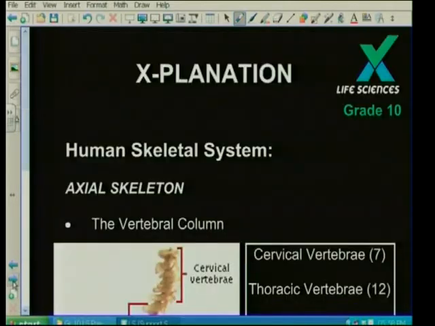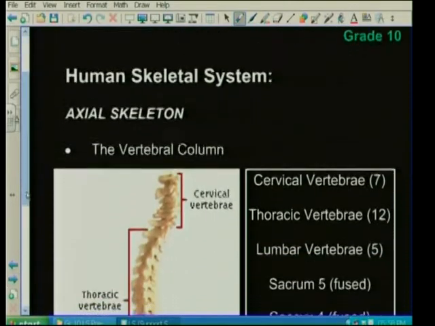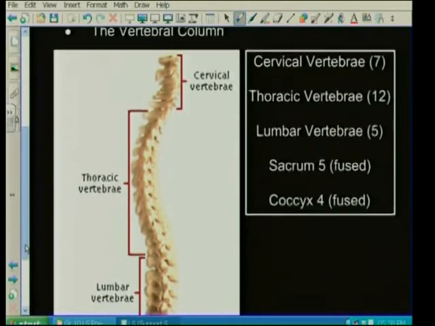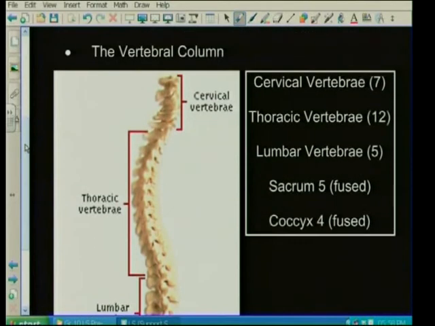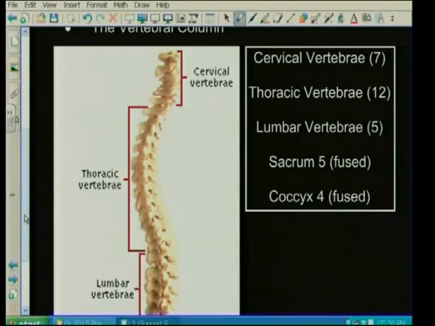Let's move on. The next up, obviously, in this journey of ours is the vertebral column. As we can see here, the vertebral column is made up of different regions. The first region in the neck area is the cervical vertebrae, and there are 7 of them. 7 bones make up the cervical vertebrae.